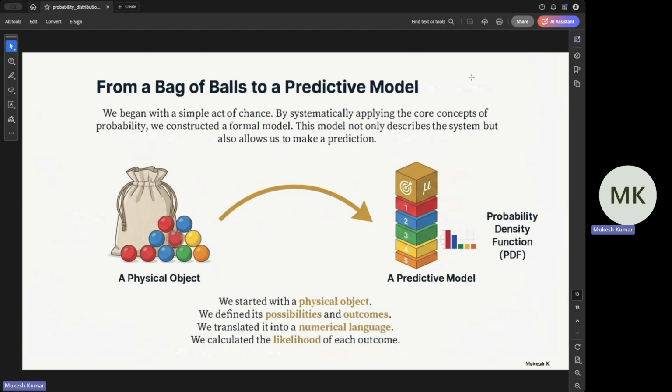For example, an LLM captures the probability density function over tokens. So given a set of tokens, if we have to predict the next token, the LLM approximates it.